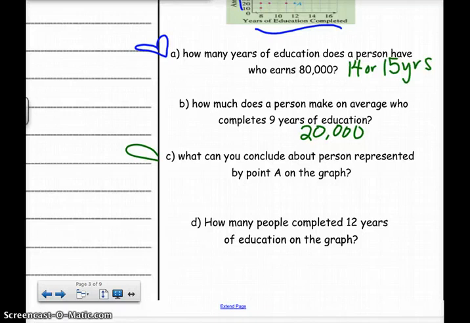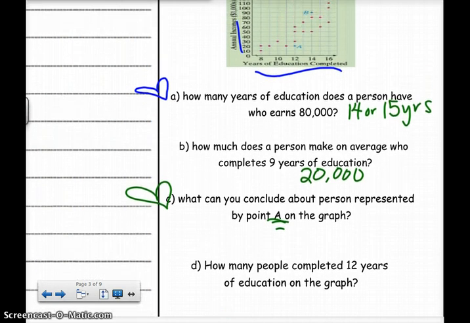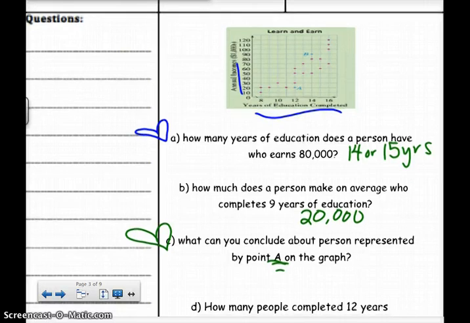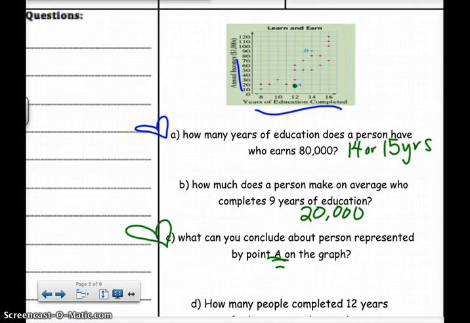These are my favorites, making predictions about particular people. What can you conclude about a person represented by point A on the graph? So I look, where's point A? Hey, here they are. So what do I know about person A?